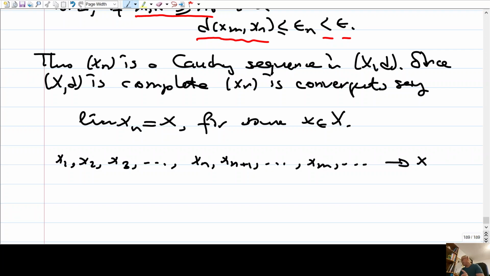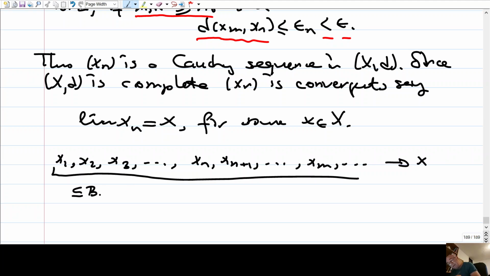What I know is this: x1 is in the first ball, and actually all of them, right? All of these are in the ball B(x1, epsilon 1), right?